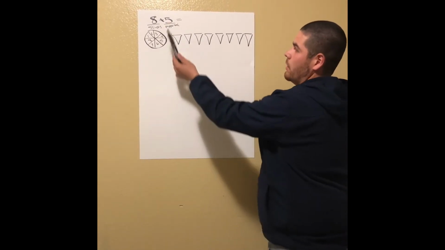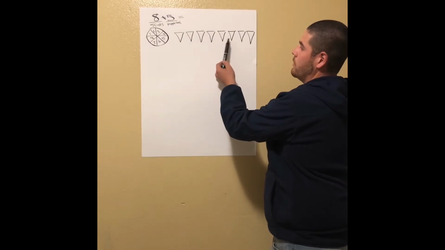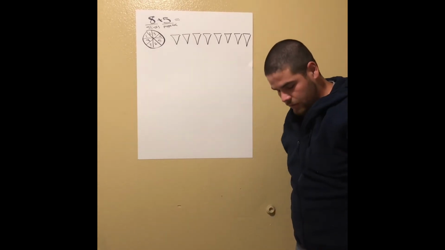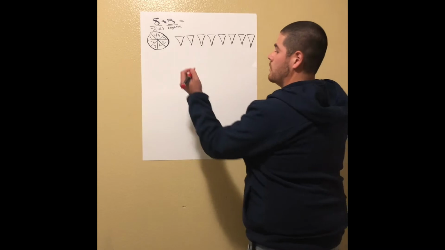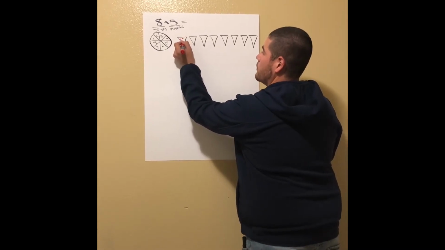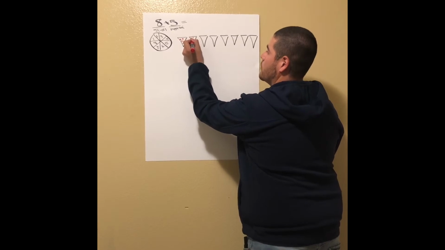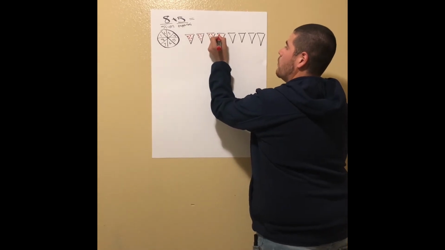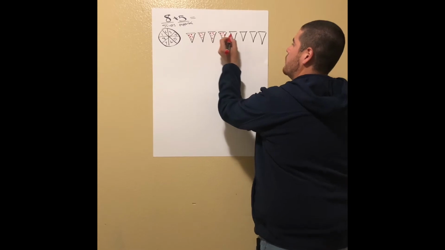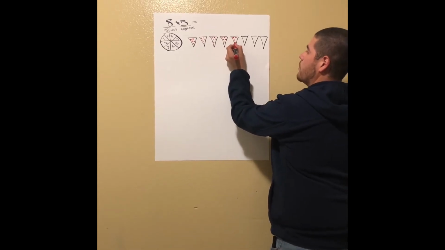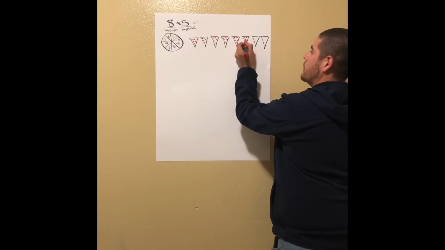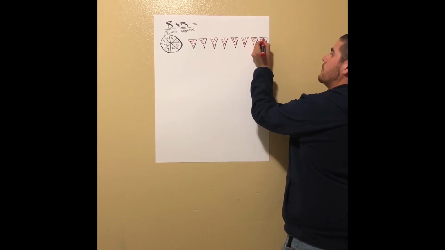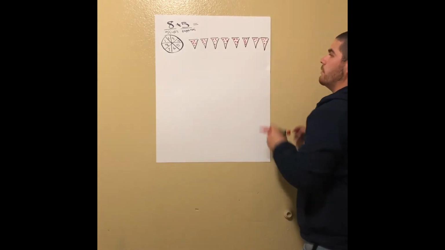So now that we have our 8 slices, we're going to go ahead and put 5 pepperonis on each slice. 1, 2, 3, 4, 5 on each slice, and lastly, 1, 2, 3, 4, and 5.